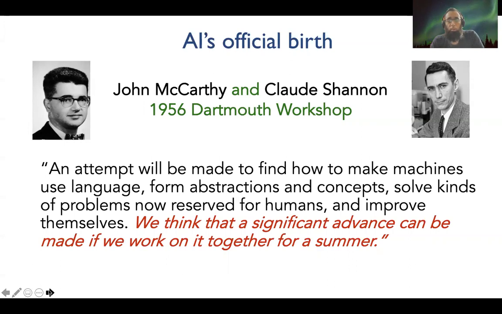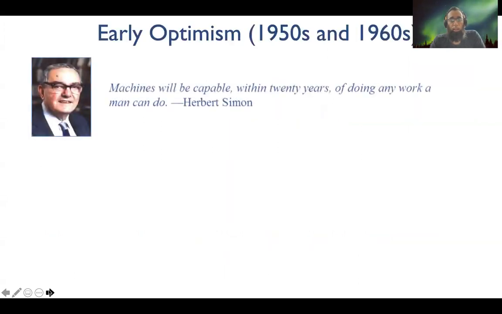It also goes on to describe how AI would aim to solve the problems that were previously, or even currently, thought to be only in the domain of human agency, and machines cannot do them. And finally, an important point is the ability to improve themselves. This is known as the problem of learning in AI. So this was how AI started.